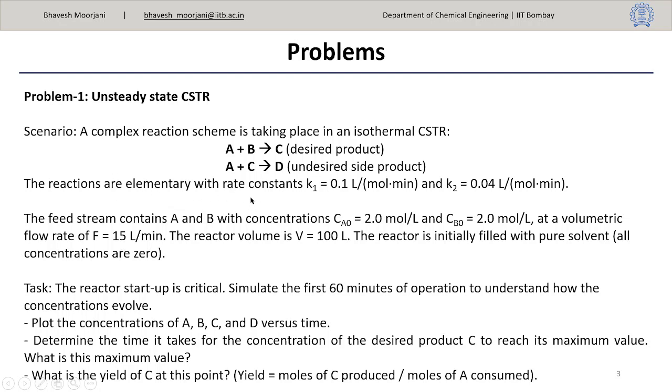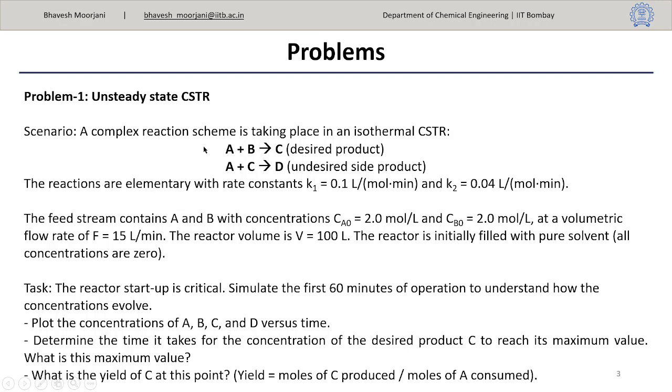What do you mean by an elementary reaction? An elementary reaction will have the rate power dependence equal to the stoichiometric coefficient, right? So if I want to write the rate for the first reaction, it will be k Ca to the power 1 into Cb to the power 1.